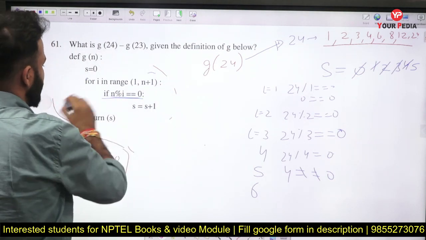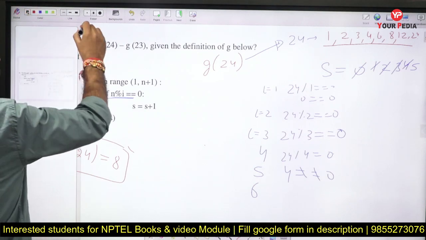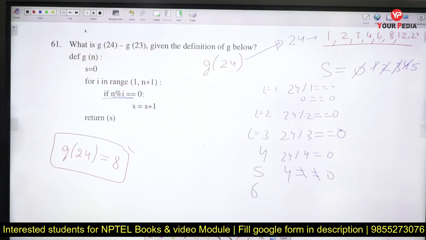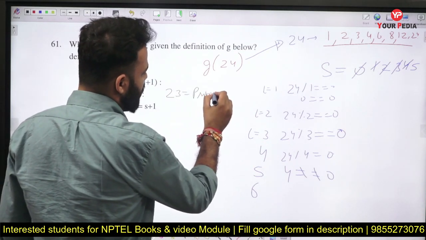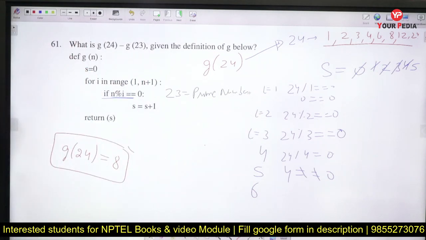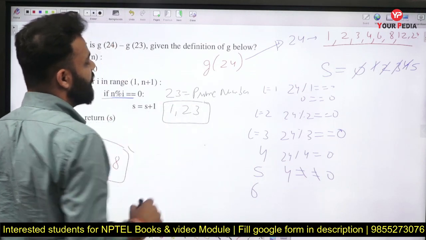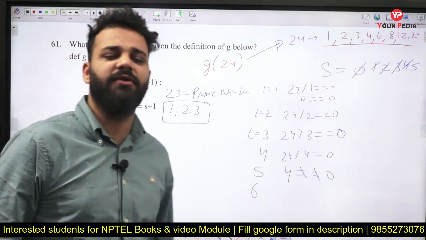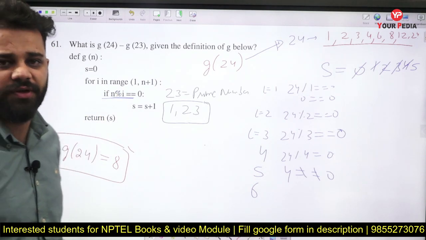now the other thing is, if you want numbers that are dividing 23, now 23 is a prime number. So the only two divisors of 23 are 1 and 23 itself. If it is a prime number, there will be only two divisors of it, and if there are only two divisors, the if statement will be true how many times? 2 times.